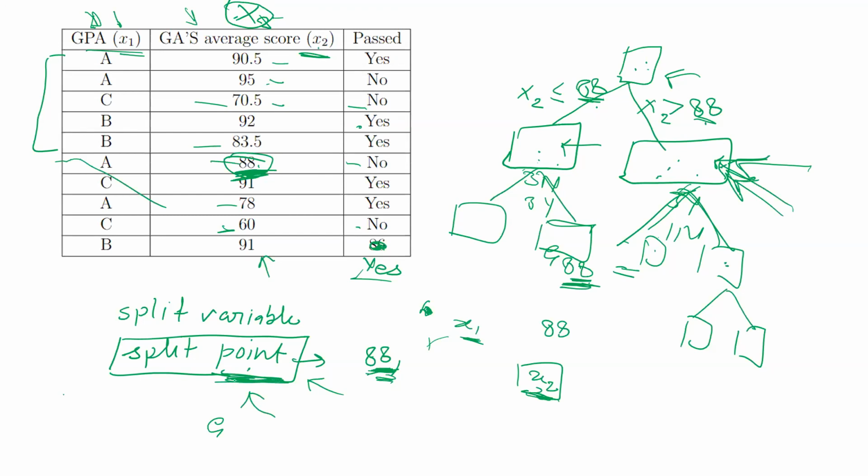The possible candidates for split points are all these unique values. For all possible candidates, you will find the gain index. Once you have split according to 88, you have these 2 child nodes. You find the gain index of this one and of this one, and the gain index of a split is going to be the weighted sum of these.